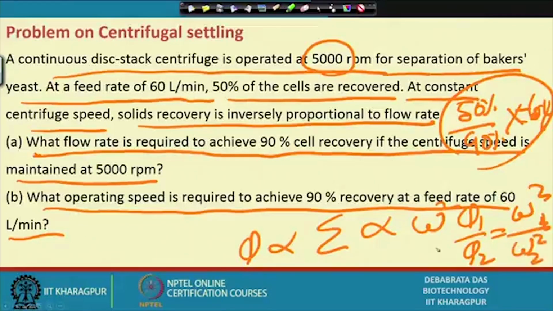Am I right? Here we have to find out the required operating speed, that means omega 2, and omega 1. For 90% separation, we calculate how much omega 1 is required. Q1 and Q2 we know, so we can easily find out omega 2.